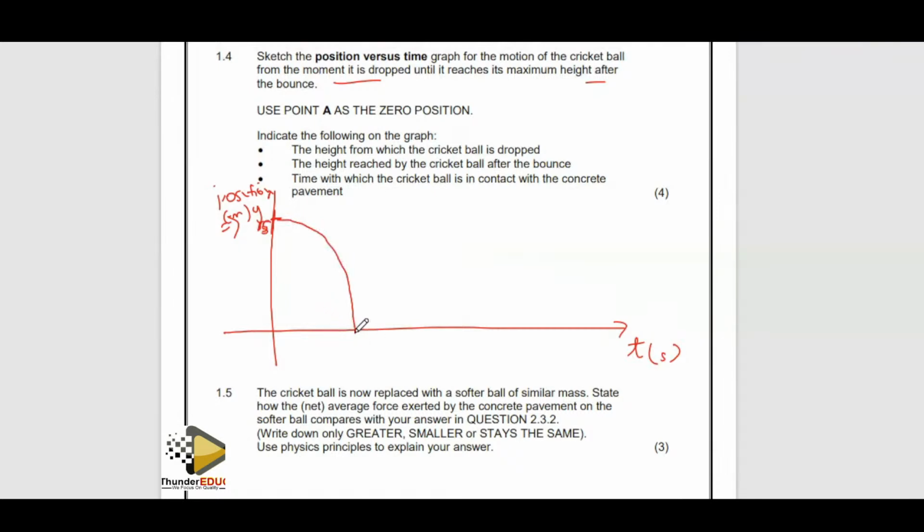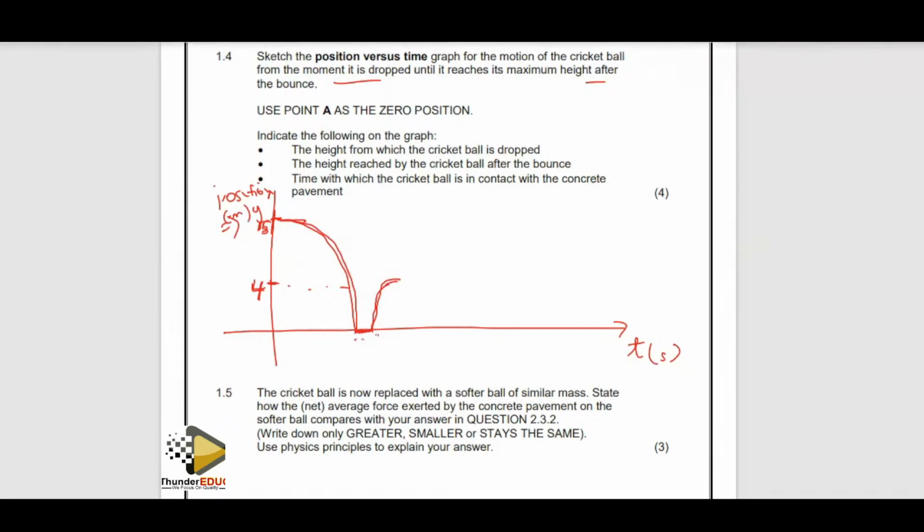Then this object took some time on the pavement, and then it rose again to a certain height, which we said was 4. So for as long as we have this, we're good to go. A position time graph will always be a curve or made of curves. So this is the reaction time.